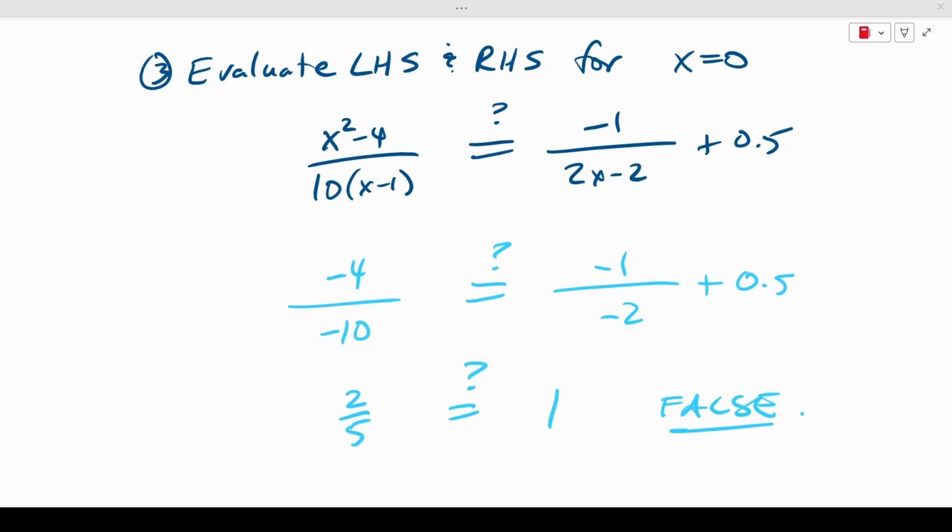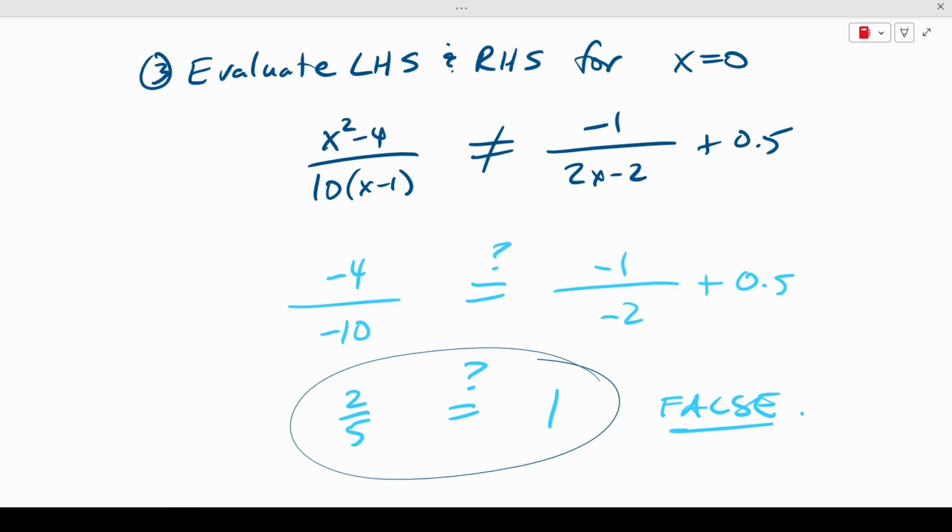Is this what you got? 2/5 and 1? Now, of course, this time it's false. Does that prove that these are not equal? Can we assert now that the left-hand side is not equal to the right-hand side? This time we can. We can say the left-hand side does not equal the right-hand side because equality means that it works for all x's, and here we found an x where it doesn't work.